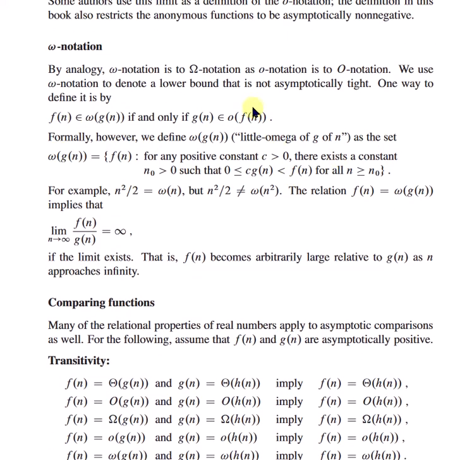This is a little omega of g of n by analogy. Little omega notation is to the omega notation as small little o notation is to the big O notation. We use it to denote the lower bound that is not asymptotically tight. One way to define it is that f of n belongs to little omega of g of n only if g of n belongs to little o of f of n.